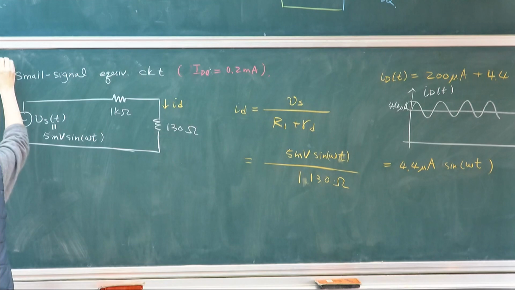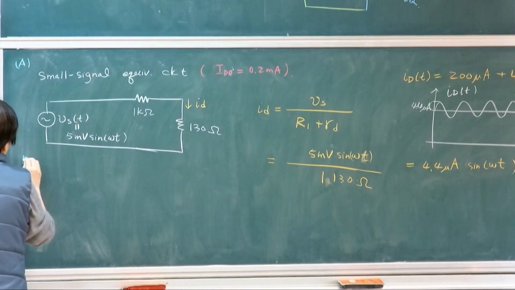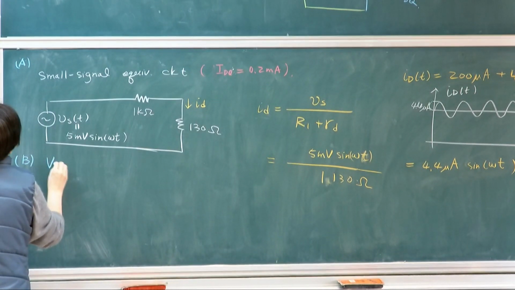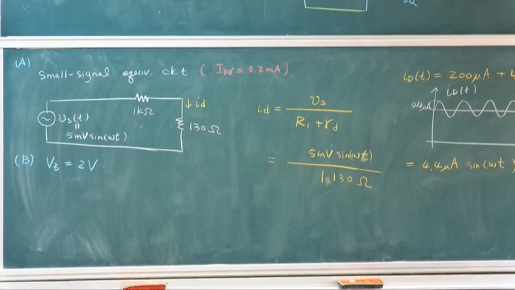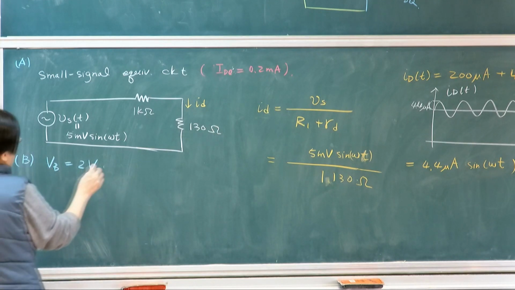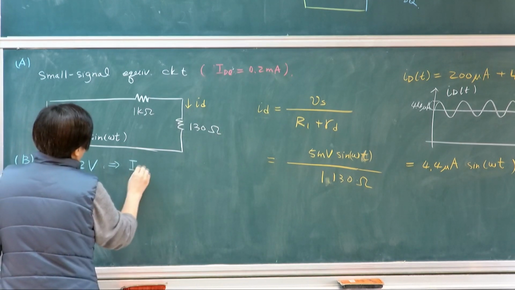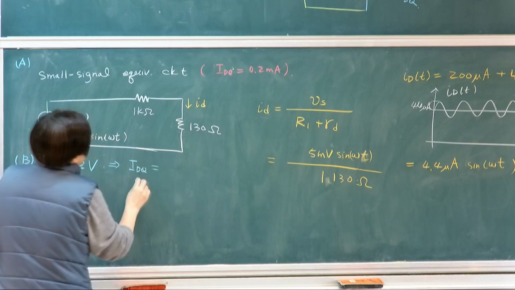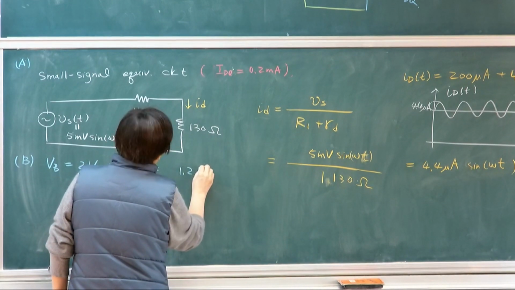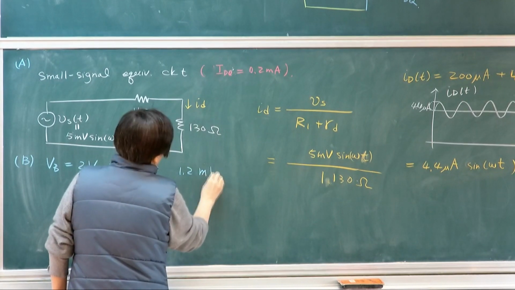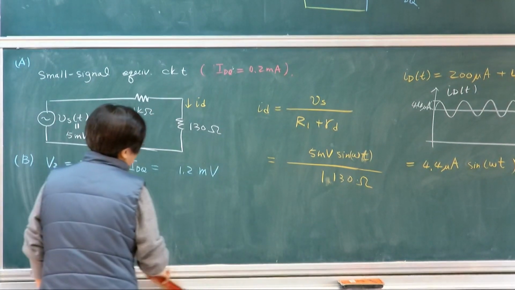So this is part 1A. So for part B, if my VB changes to 2 volt, I'm just being arbitrary. So what do you think the equivalent circuit will be? So you follow the same analysis. If VB is 2 volt, my IDQ should be what? Should be 1.2 milliamp, right? Am I right? Milliamp.